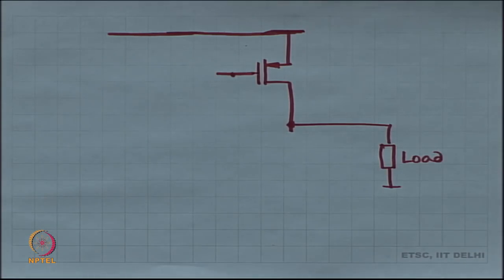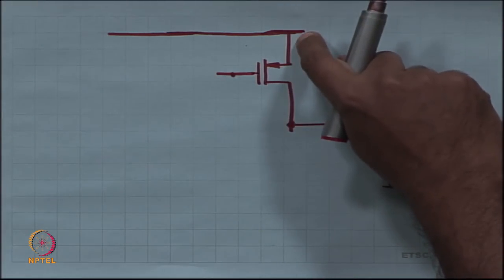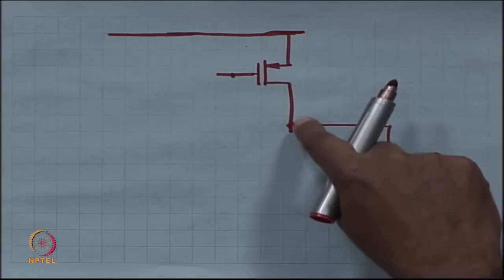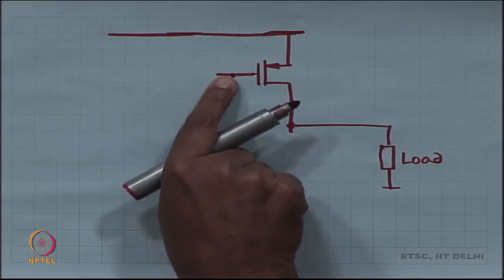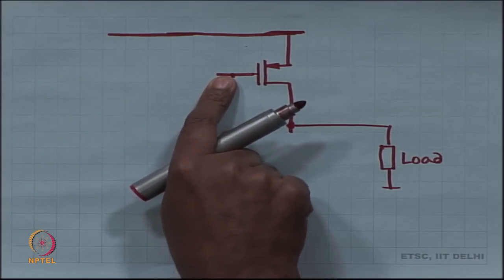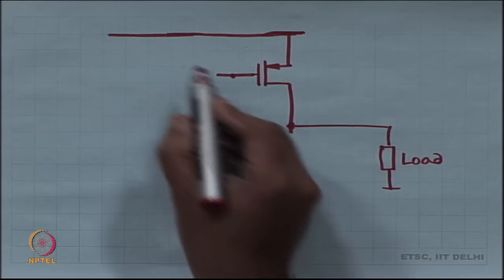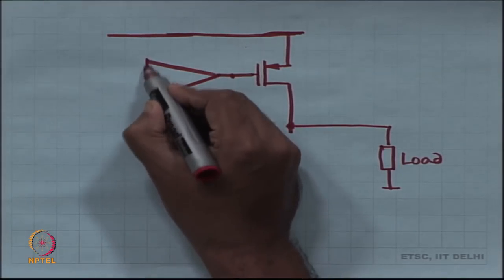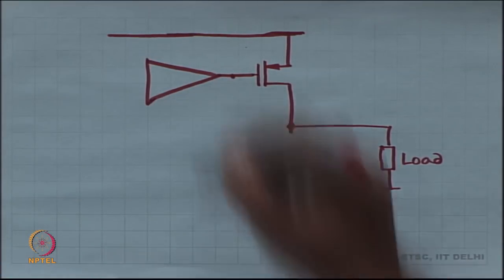If the input is at the source, where the dirty supply has a small signal, there it looks like a common gate amplifier, but the output of the op amp is at the gate, there it looks like a common source amplifier. So, we are going to do exactly the same thing.